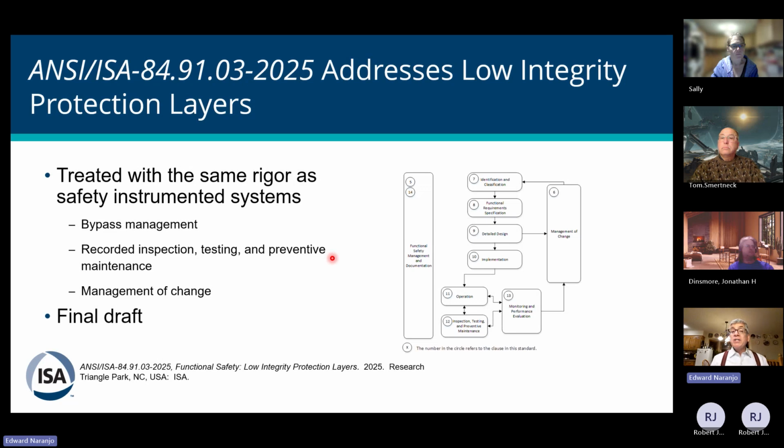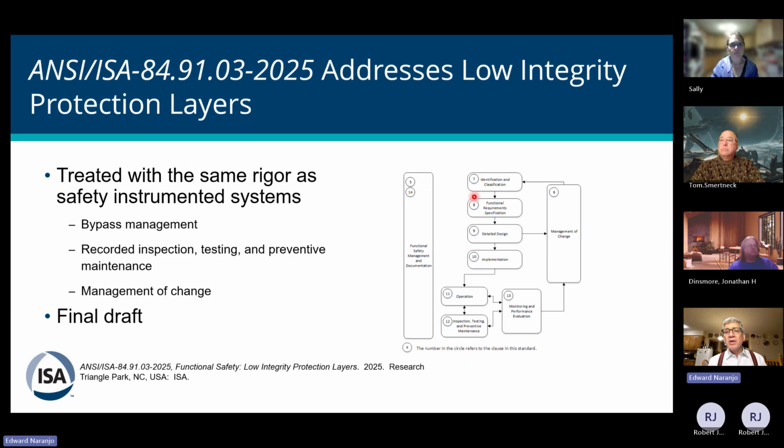And just as with safety instrumented system design, if you want to modify or upgrade the system, it has to go through a system life cycle. And I know it's a little small on the screen, but here I'm just pointing out the safety instrumented system life cycle. It is not identical to the one of an SIS, but it is very similar.